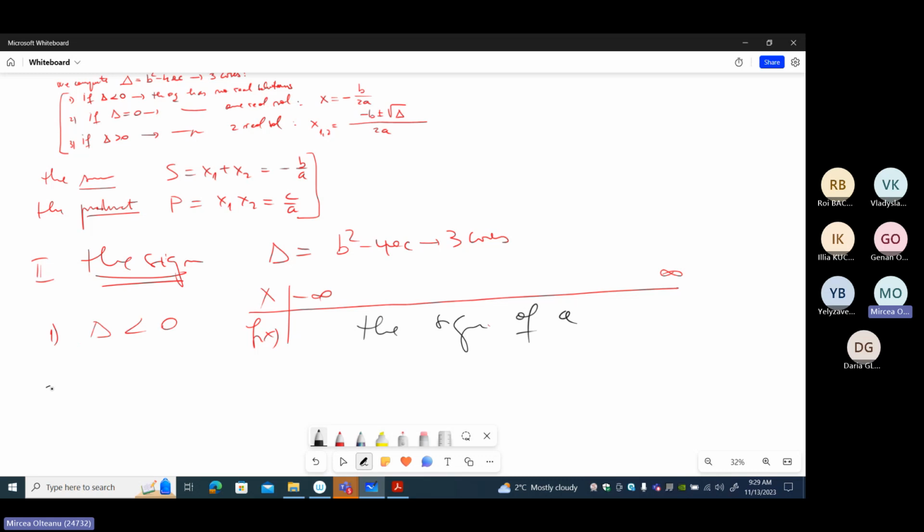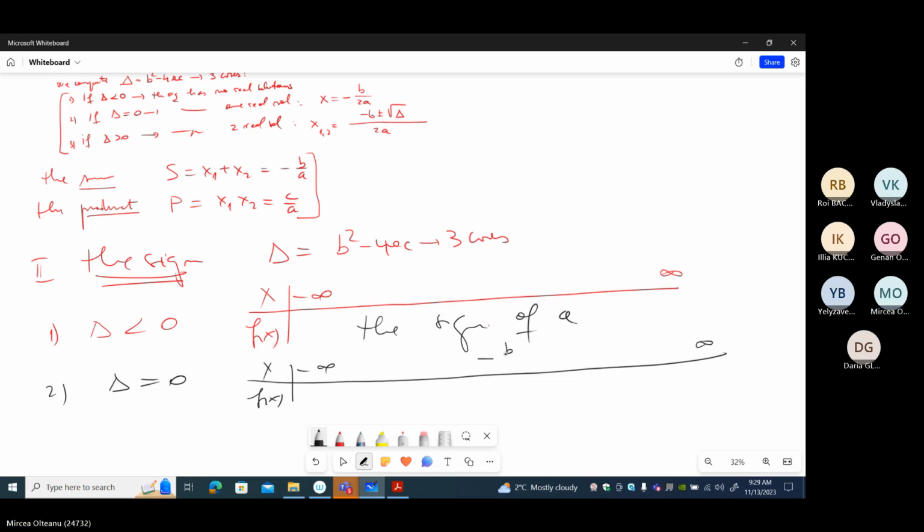The second case is when delta is 0. In that case, the sign table is given by the following. When x equals minus b over 2a, f of x is 0.